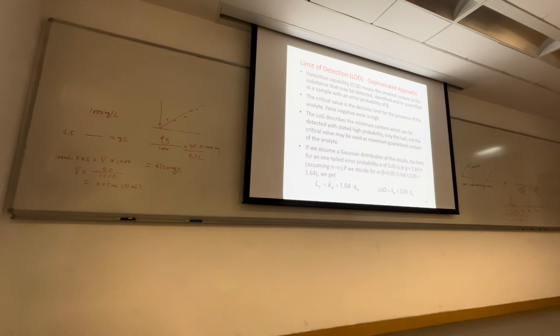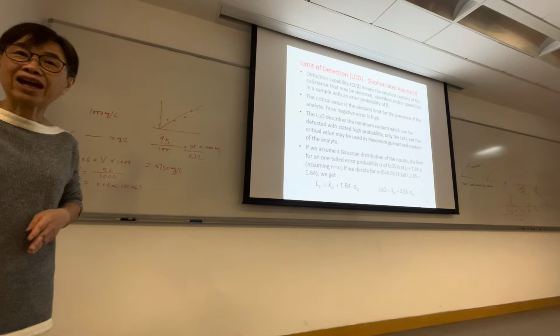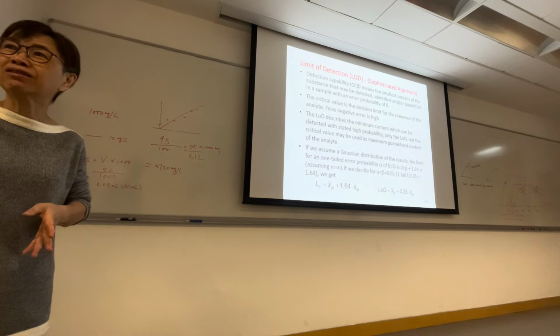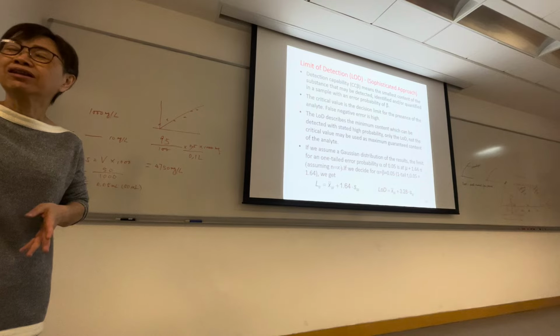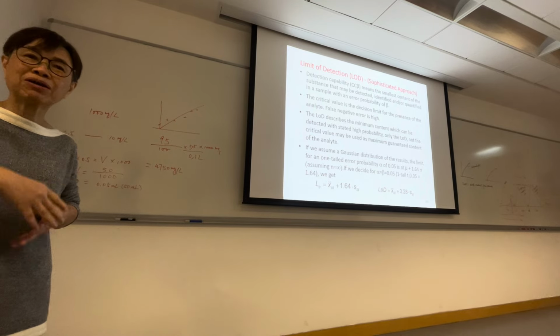So here, the concept is most important. Based on approximation, how large or how far, how to set the limit. You can say we can always set a larger factor, then we are more certain to differentiate the signal from the analyte from the background.